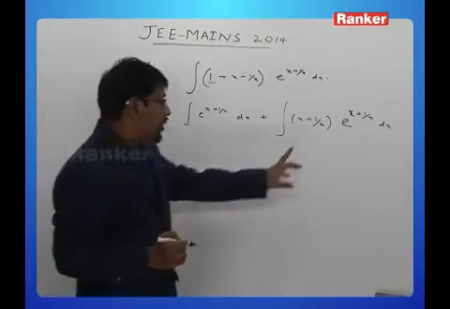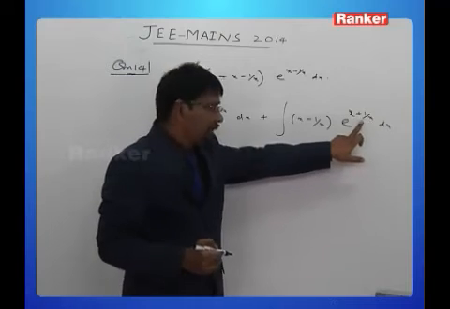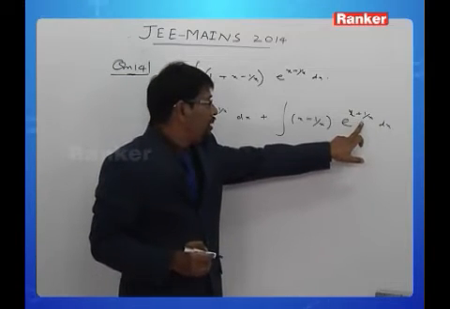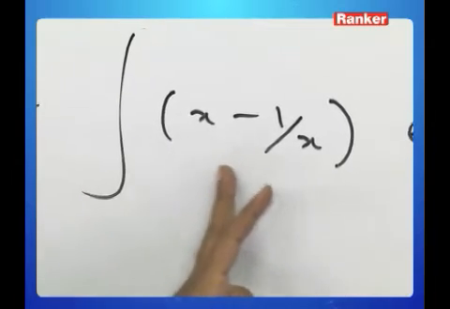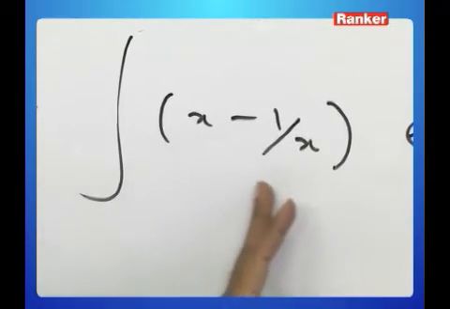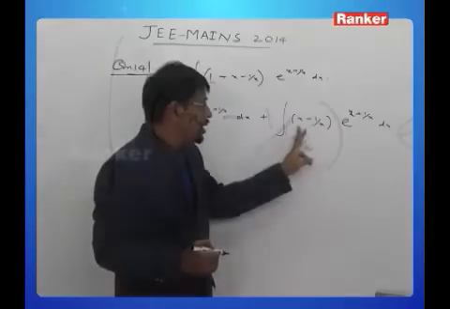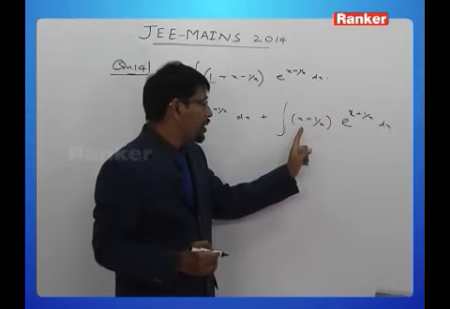You observe that if I put x plus 1 by x as some t in this integral, dt will be 1 minus 1 by x square dx.